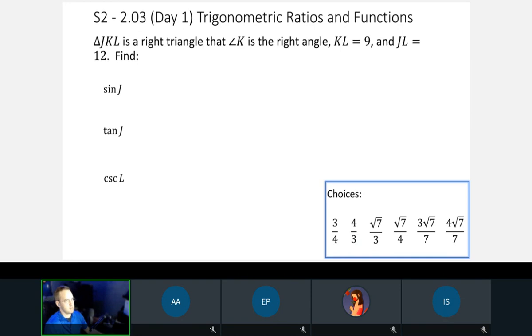So that's two people. One, two, three, four, five people are here but not here. All right, it is three-fourths. Good job. All right, number two on this page. Tan of J. Anybody have that answer?